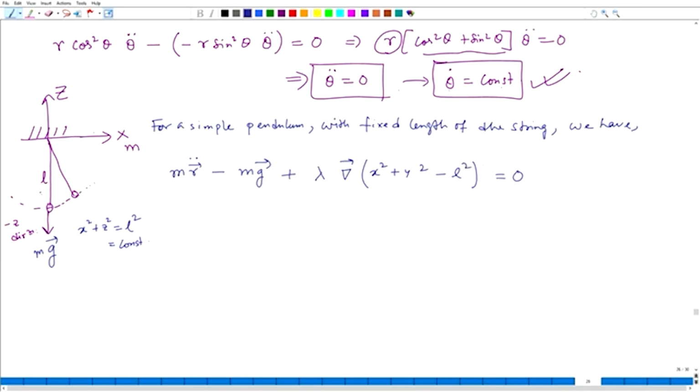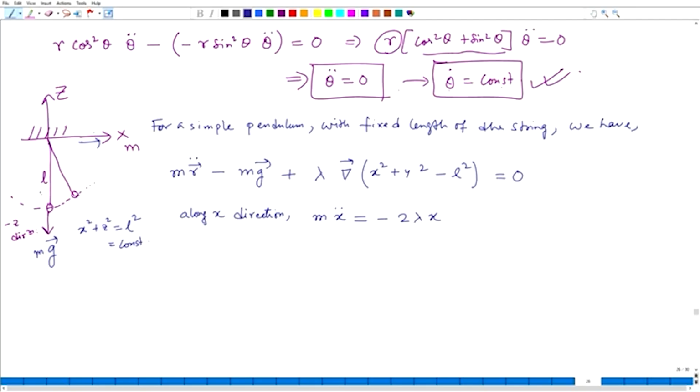Okay. The only thing you will have is that along x direction, you will have m x double dot is equal to minus 2 lambda x, because along x direction there is no force field acting to which the particle is subject to move.